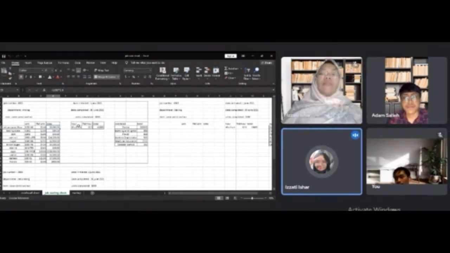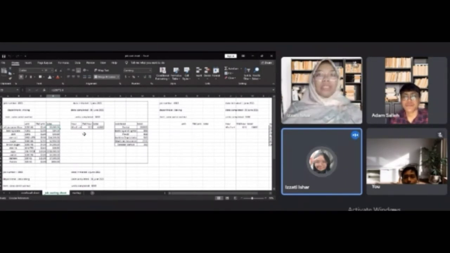Then we move on to the direct labor for the mixing department. Every worker needs to work 40 hours per week, and we have eight workers in this department, and they work 4 weeks each month.